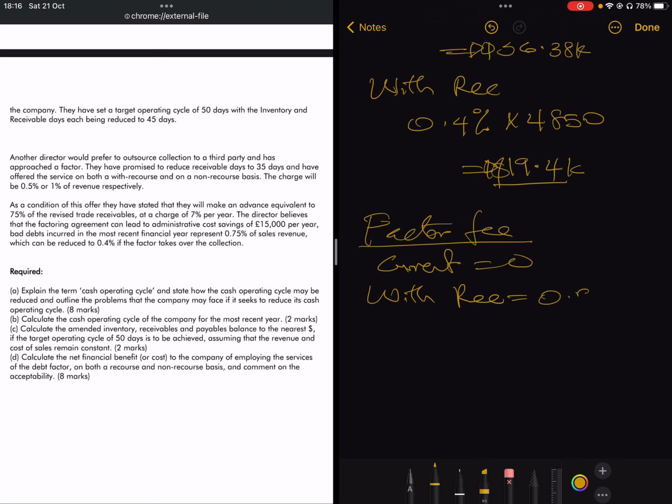So that's 0.5% of 4,850, and that is going to give us a fee of 24.25k.